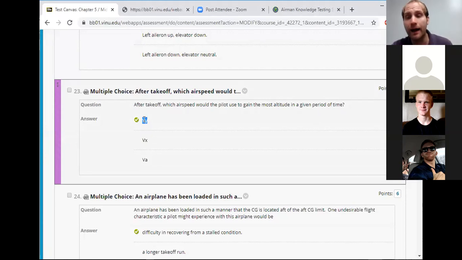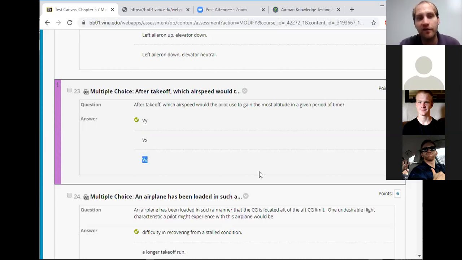Rate implies time. VX would be the most altitude per unit of distance. If the question had said best angle of climb, most altitude per unit of forward distance, that'd be VX, like your short field takeoff.